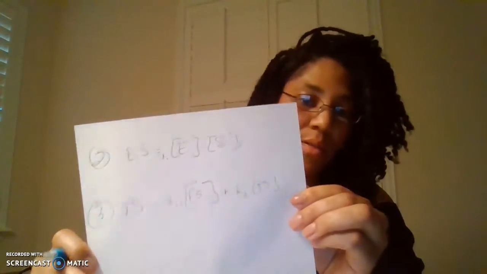The rate of breakdown of ES, which is the enzyme substrate, is equal to K-1 times ES plus K2 times ES. It can be written in different ways, but that is the rate of breakdown.